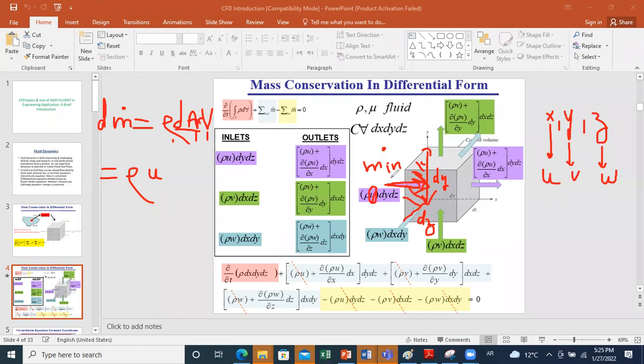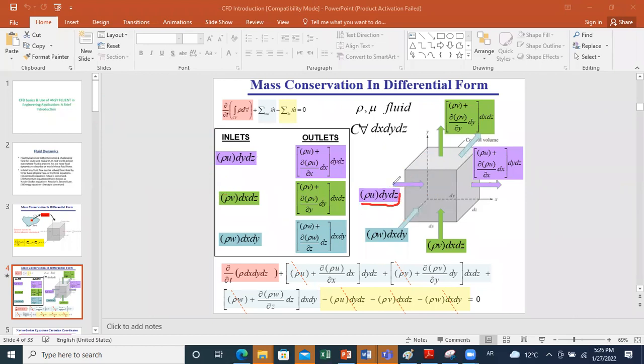Since I'm considering the face that is yz, the flow crossing it will be along x. So I multiply by the component of velocity along x, which is u, and dA is dy dz. This is how I find the expression of the first mass flow rate, rho u times dy dz.